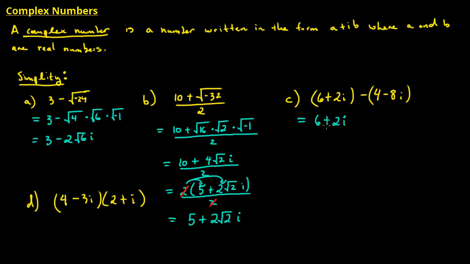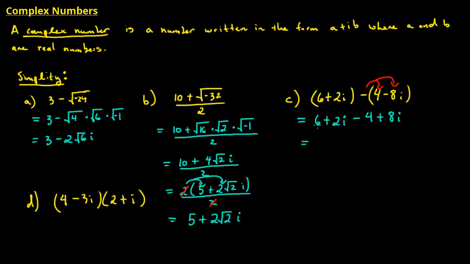So I get 6 plus 2i. Now I've got minus bracket 4 minus 8i. So I can use the distributive property, and I can distribute negative 1 to both of these terms. So this is equal to 6 plus 2i minus 4 plus 8i.